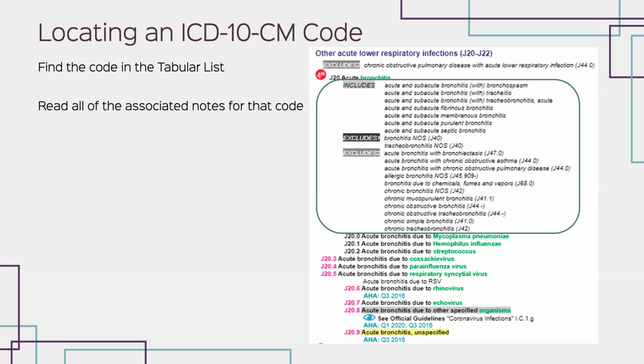Now our excludes 2 notes, that just means that it's not included here, but you can have both of the conditions at the same time. So if they have acute bronchitis and chronic bronchitis, then you can code both J20.9 and J42 for the chronic bronchitis as well.